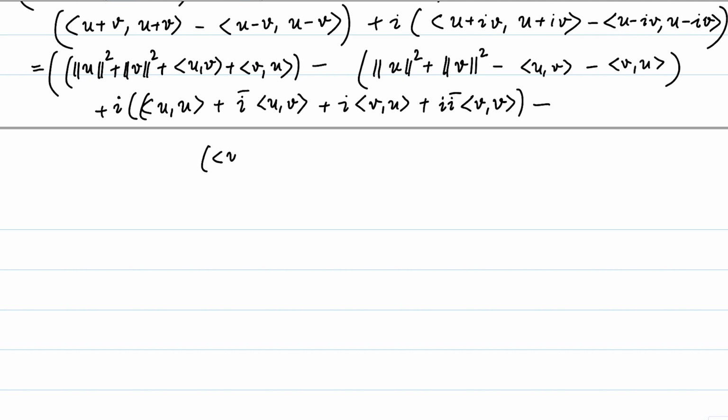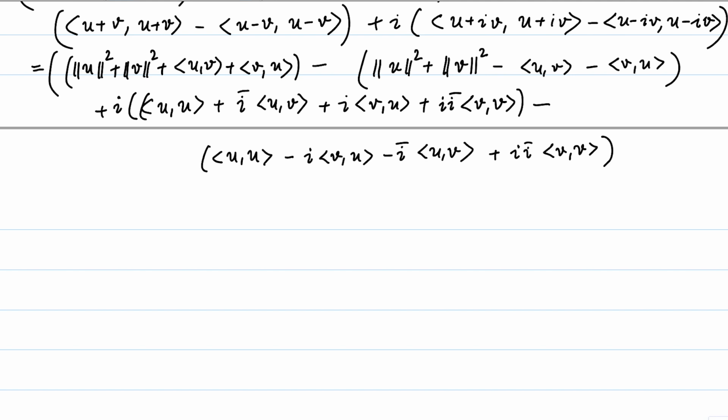Second term will be very similar, u comma u, now minus i times v comma u minus i bar times u comma v plus v comma v.